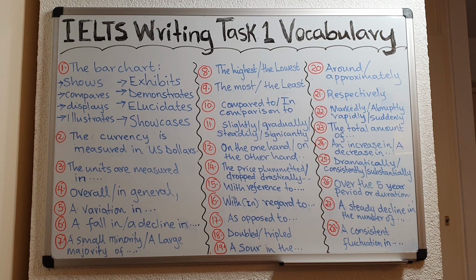Now, number 23, the total amount of. This is when you want to talk about the data collectively, okay, as a group. So you can say the total amount of goods that were imported from Germany in the year 2020 is higher compared to the items that were imported from Sweden.